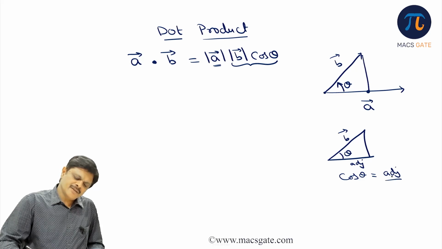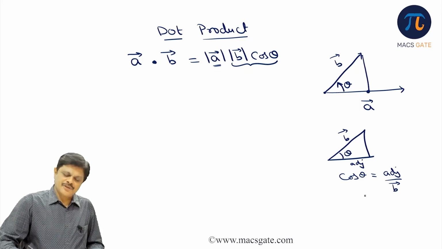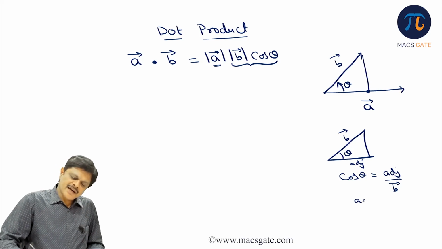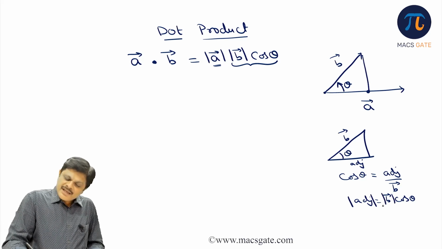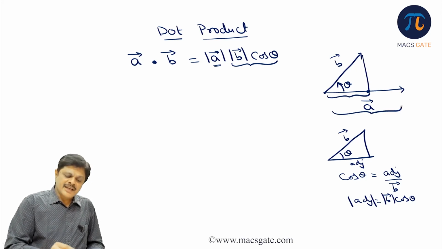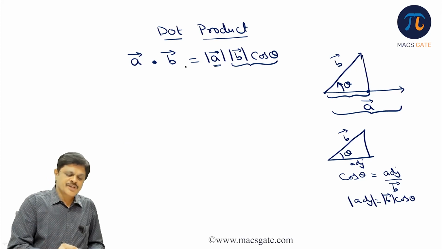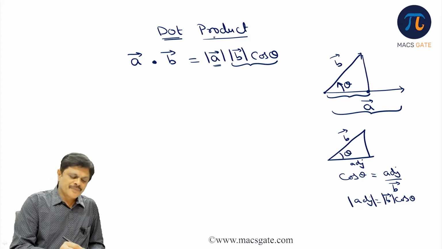So what is this adjacent? Adjacent would be B into cos theta. That is the length of this projection, multiplied with the length of A, is what is known as the dot product.